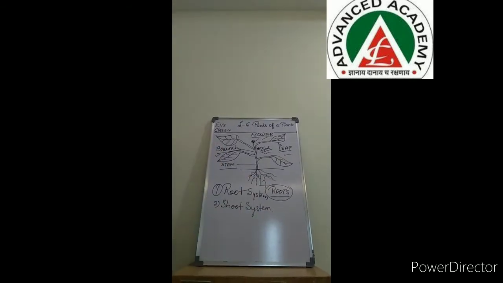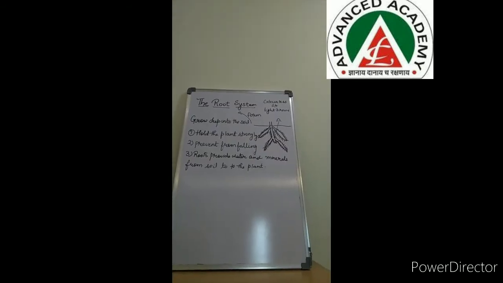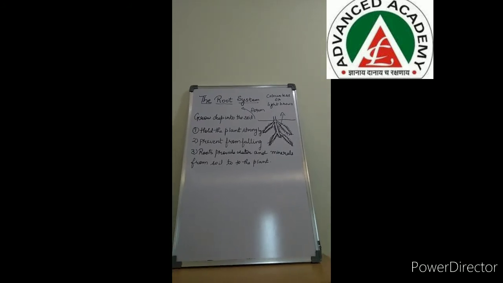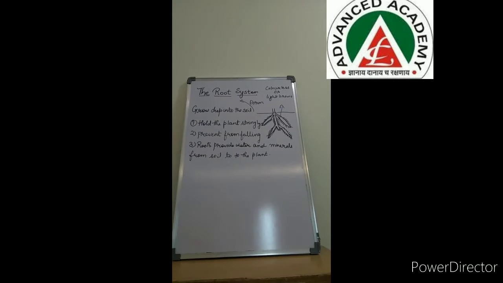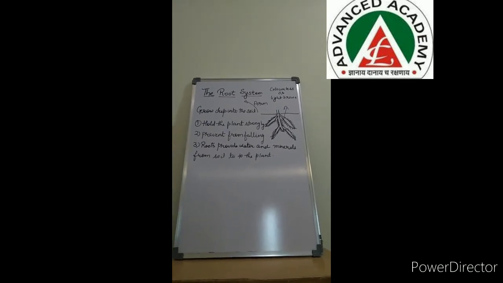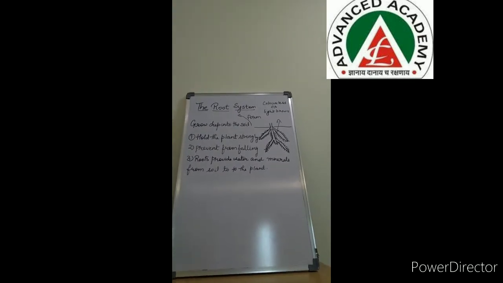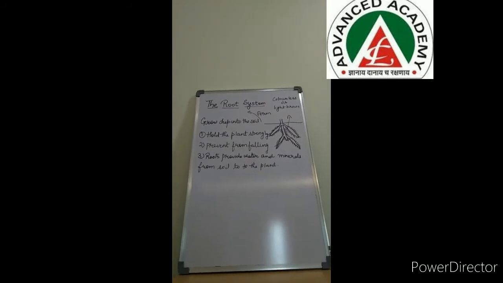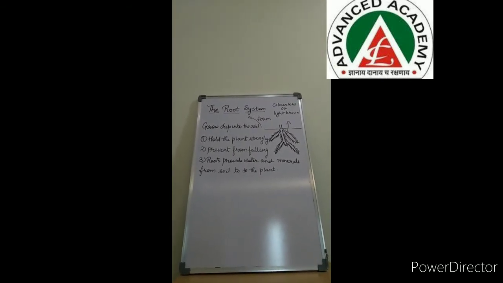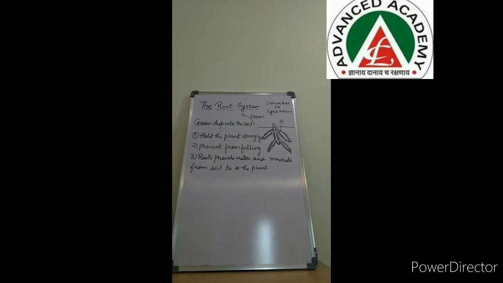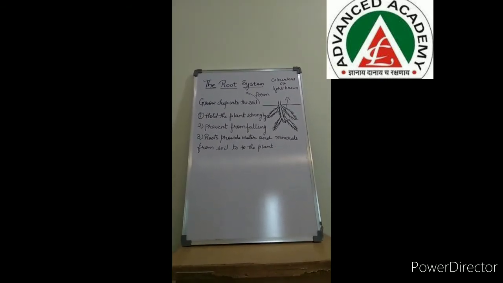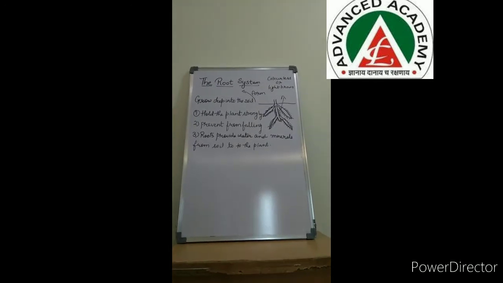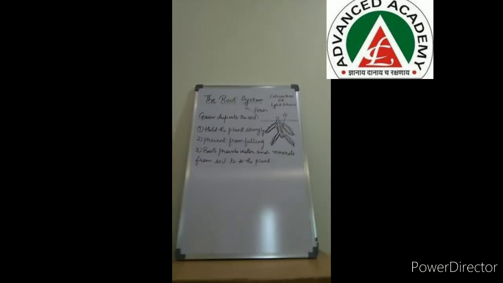Now students, we are going to learn about the root system. As I told you, plants have different parts. In the same way that you and me have different body parts, plants also have different body parts. The roots grow deep into the soil and form the root system.